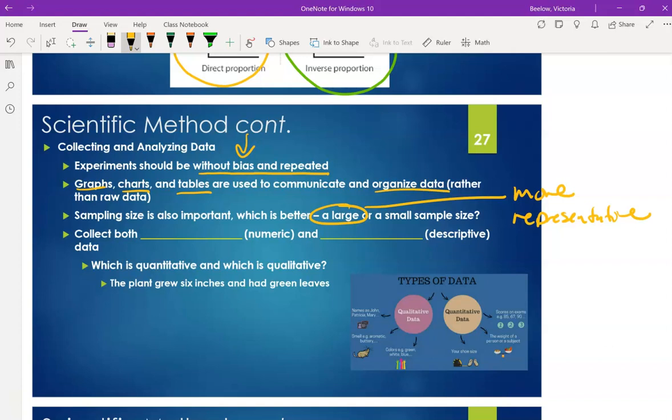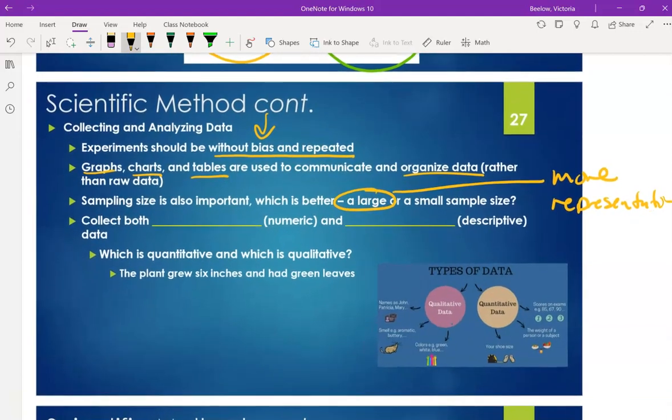important. Data can be collected as numerical data. This is usually the most common one we see, and we call this quantitative data. So this data is numerical, right? And we use this a lot, especially in science, like how much.